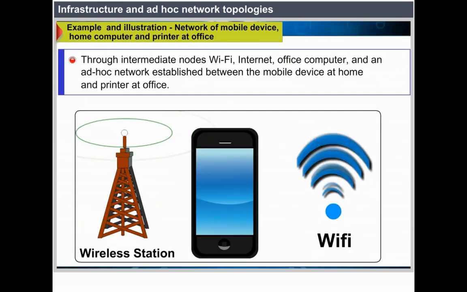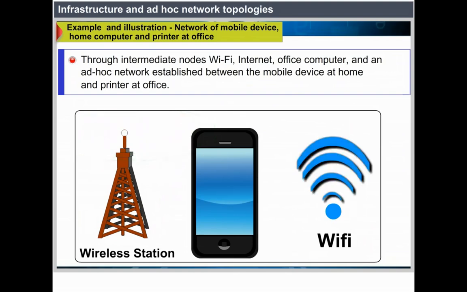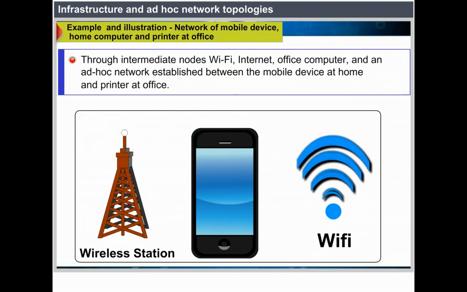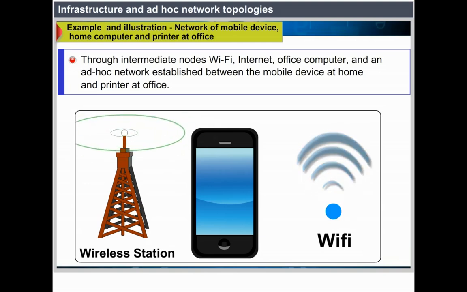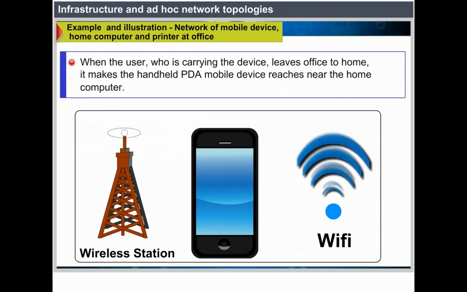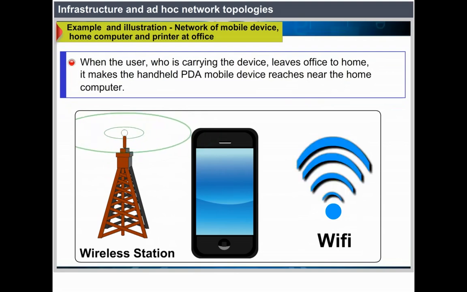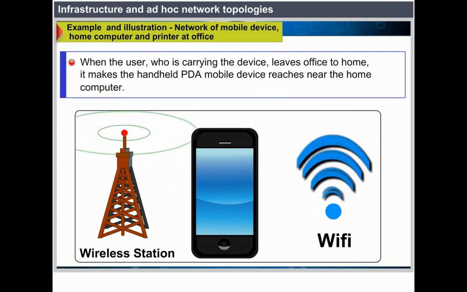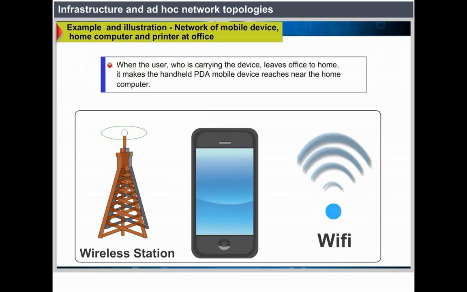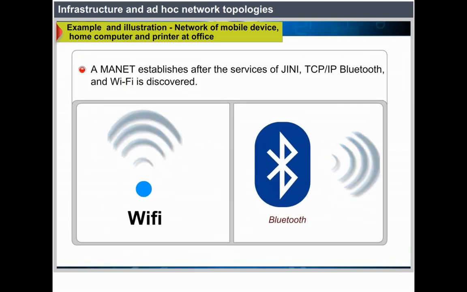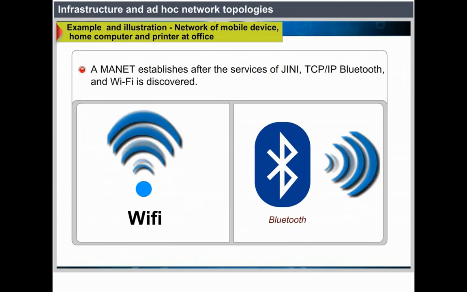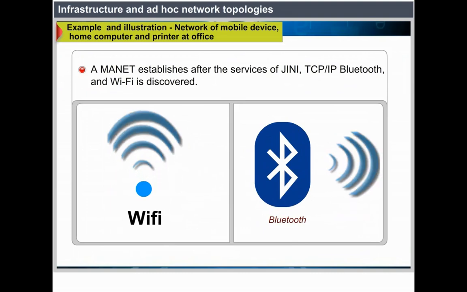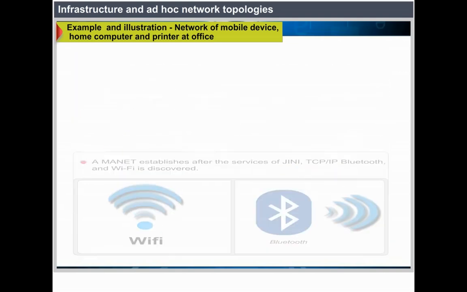Through intermediate nodes Wi-Fi, internet and office computer, an ad hoc network is established between the mobile device at home and the printer at office when the user carrying the device moves from office to home and the handheld PDA mobile device reaches near the home computer. A MANET is established after the services of JINI, TCP/IP, Bluetooth and Wi-Fi are discovered.